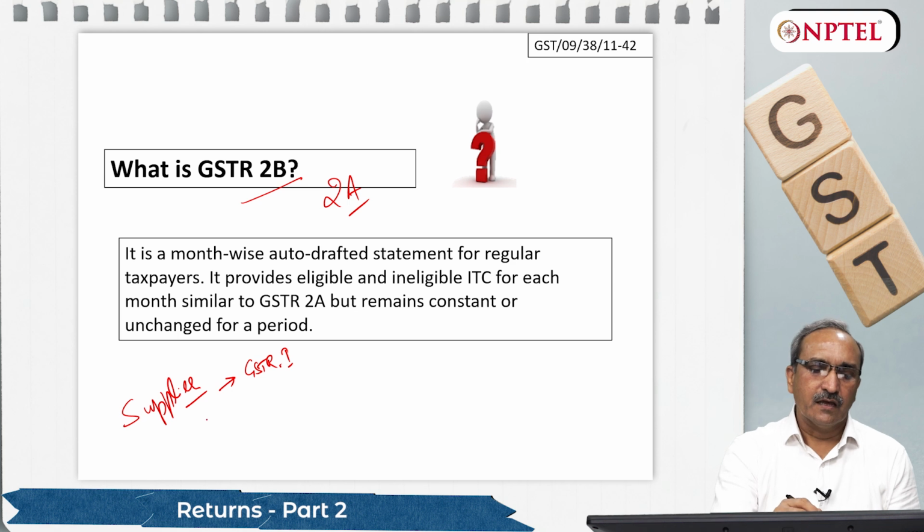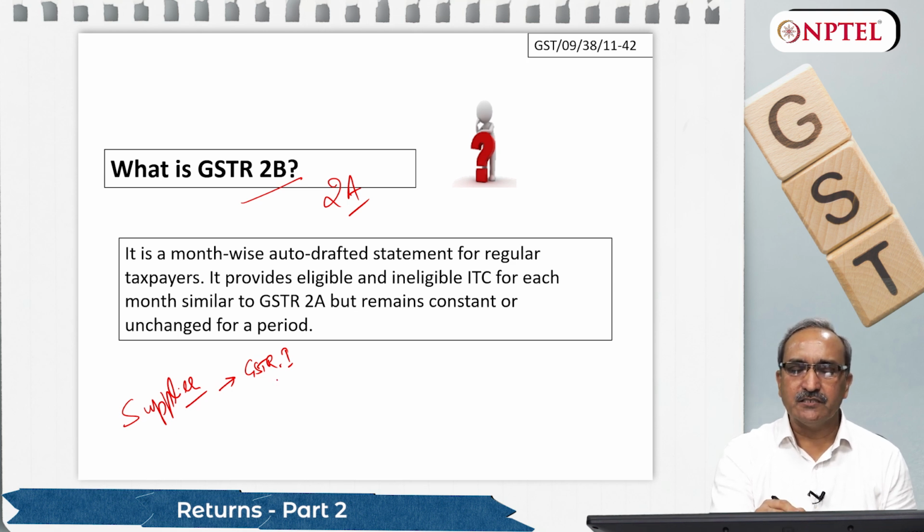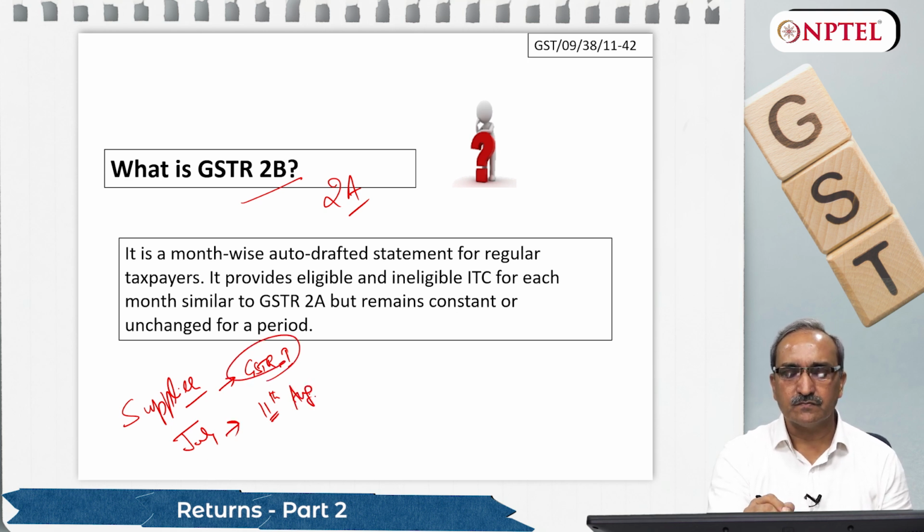Once as a supplier I file my GSTR 1 on or before 11th of the next month, for the month of July I will file this GSTR 1 by 11th of August. When I submit this GSTR 1, it will convert into GSTR 2B for the recipient or the buyer.